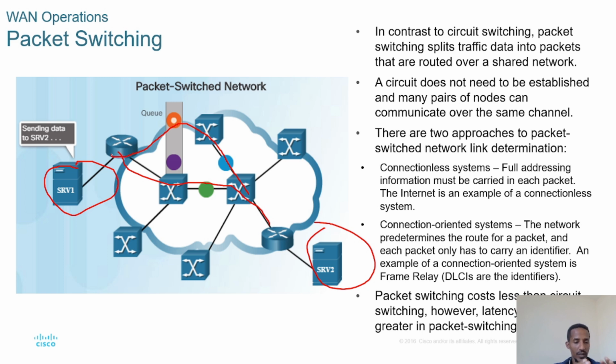There is order, sequence. So if there is some kind of loss, the source and the destination can communicate and resend the message.